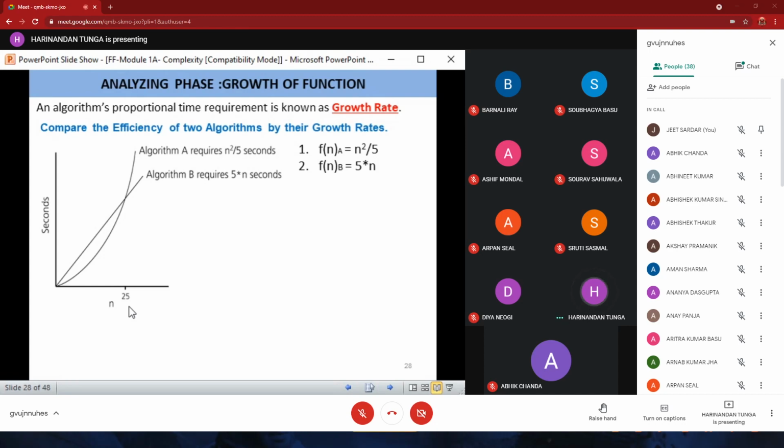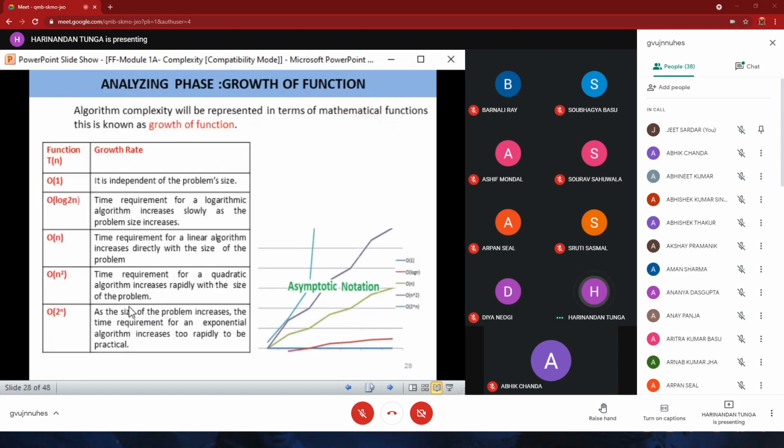In this example, for algorithm B the required time is 5 into n, which is the minimum time. So B is more efficient than A.